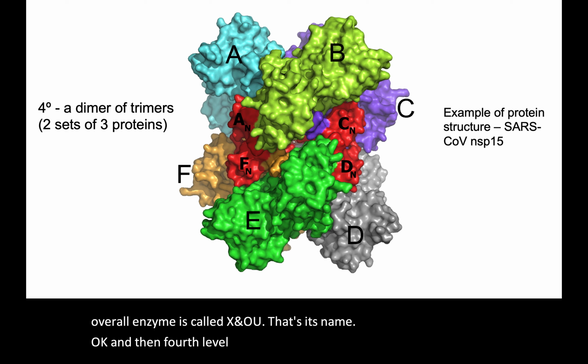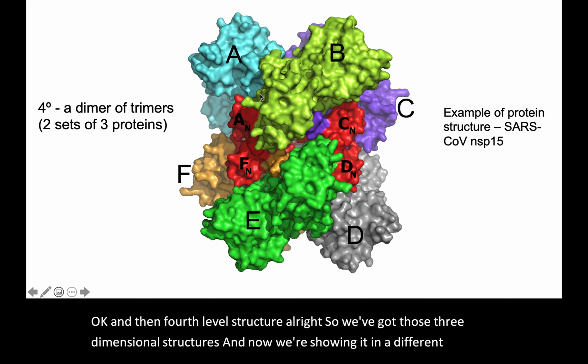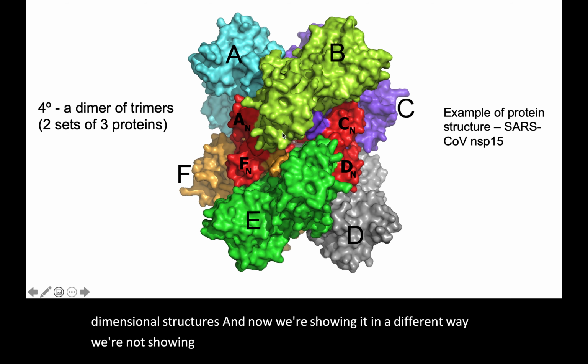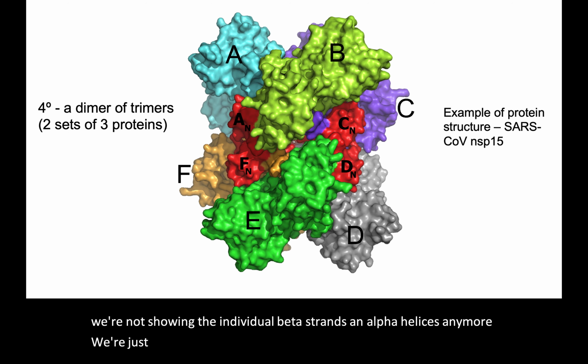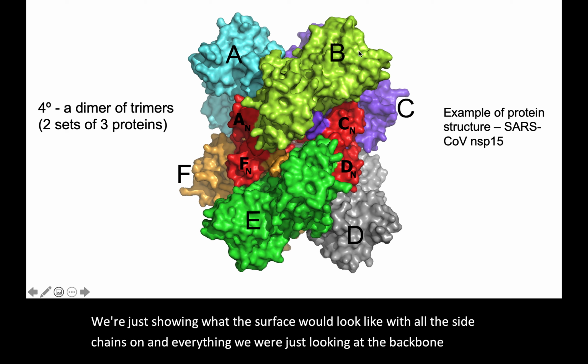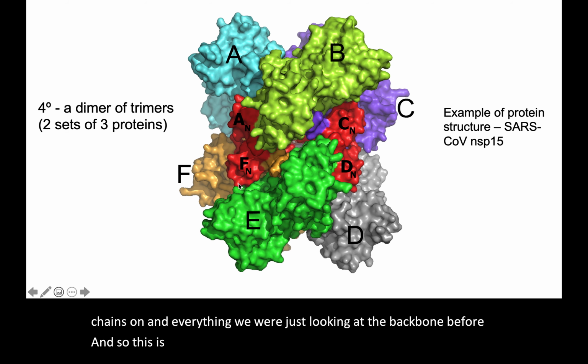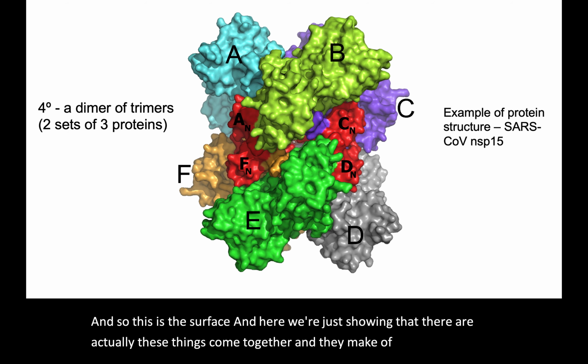All right, so we've got those three-dimensional structures, and now we're showing it in a different way. We're not showing the individual beta strands and alpha helices anymore. We're just showing what the surface would look like with all the side chains on and everything. We were just looking at the backbone before. And so this is the surface, and here we're just showing that these things come together and they make a machine, just like we were talking about.